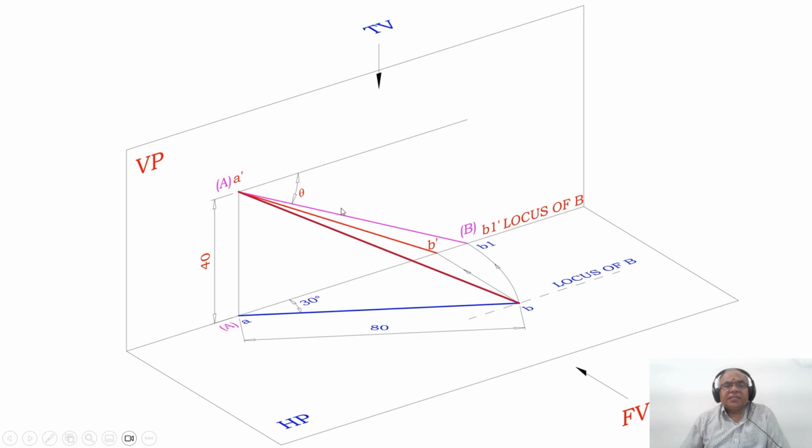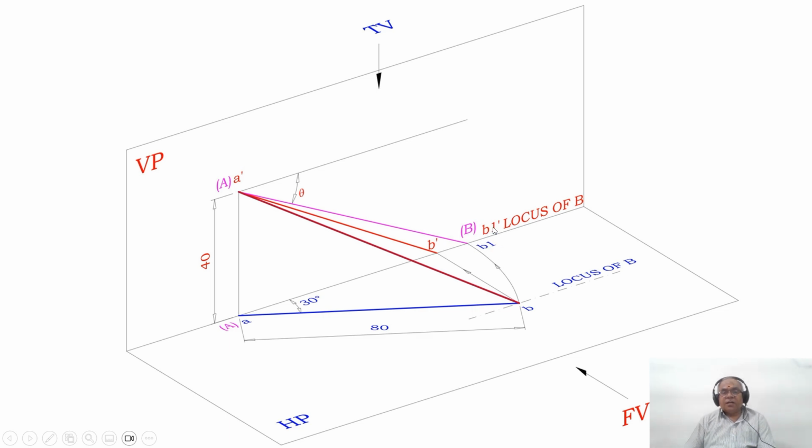So A dash B1 dash is the line which is in true length, because in its corresponding top view, A is on VP, so B1 should also be on VP. But B1 is already on HP, therefore B1 is on both HP and VP. Since it is on HP, the image is seen in VP, that is B1 dash. Since it is on VP, the image is seen in HP, so it is B1.